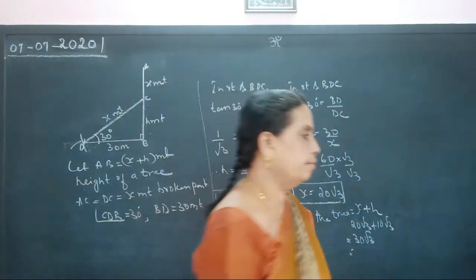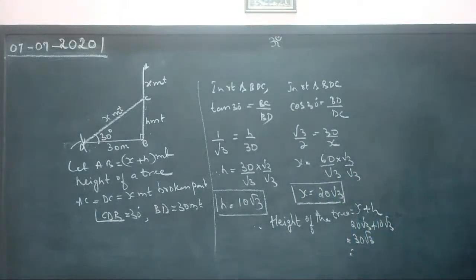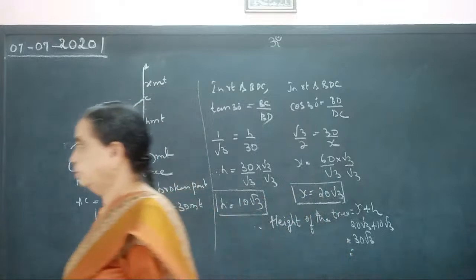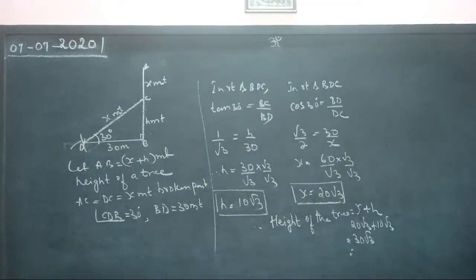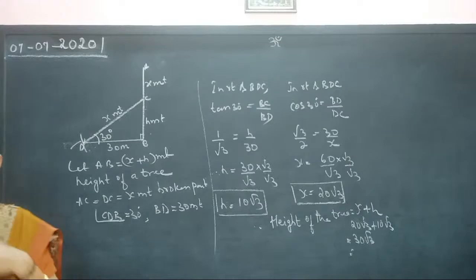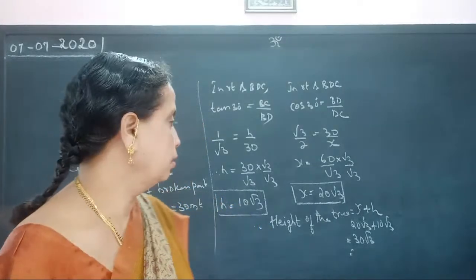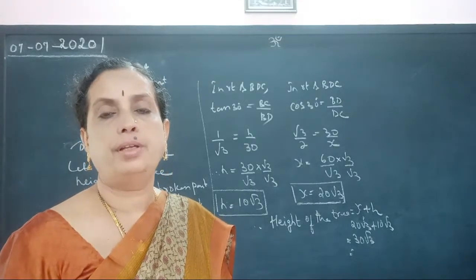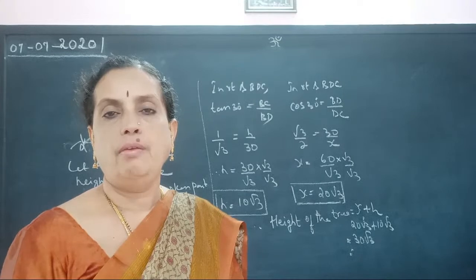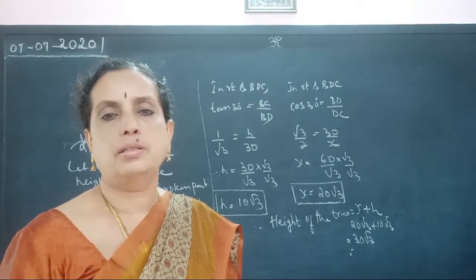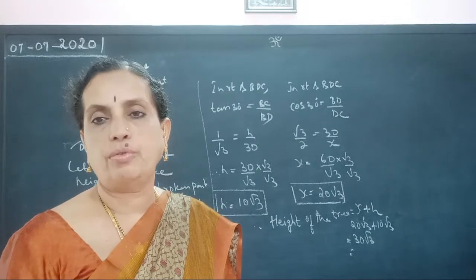Do the calculation. Yes, 30 into 1.73 you have to do the calculation. You will get 51.9 meters.